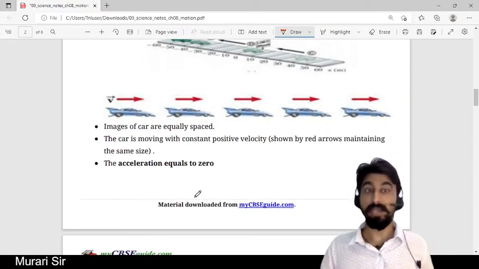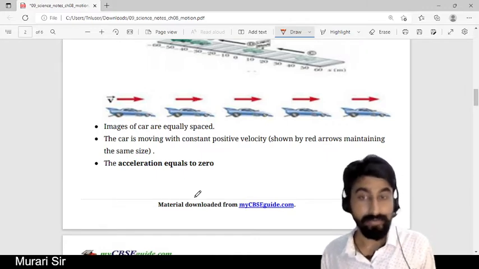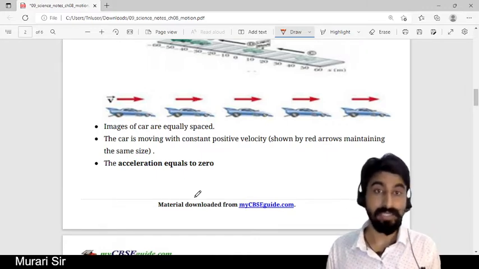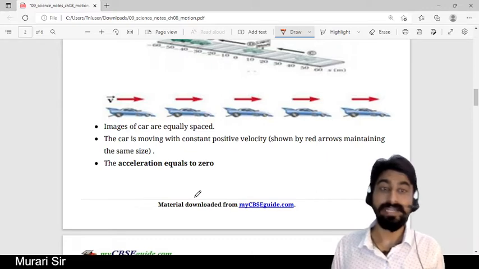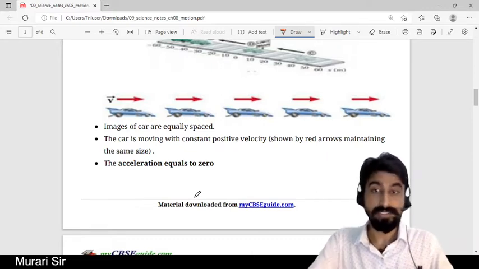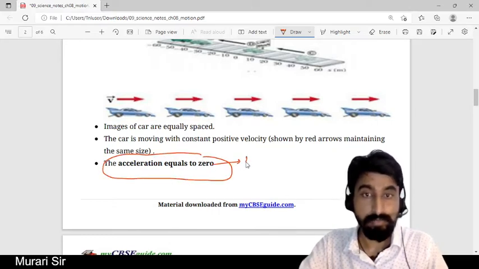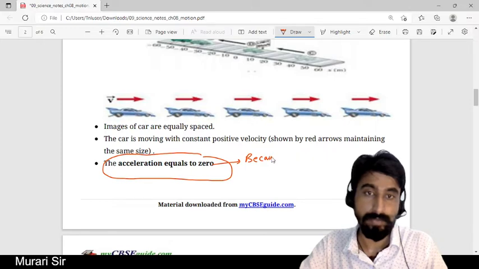Next is the image of the car. You can see it here. The images are equally spaced. The car is moving with constant positive velocity shown by the red arrow, maintaining the same size. Acceleration is equal to 0. Why is acceleration 0? Acceleration is 0 because of constant velocity.